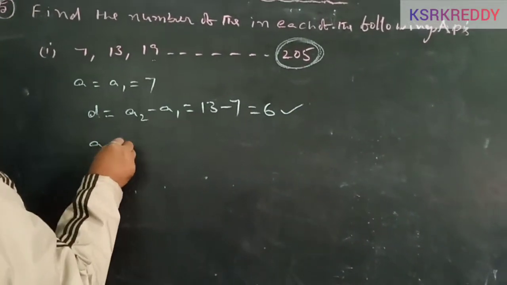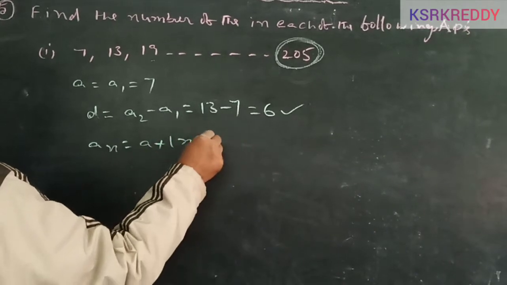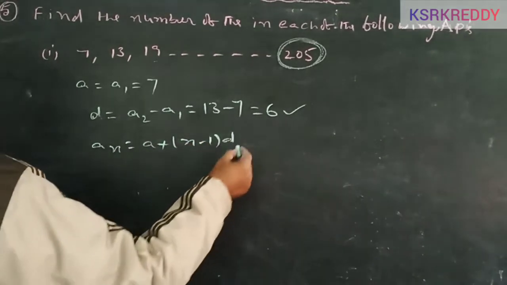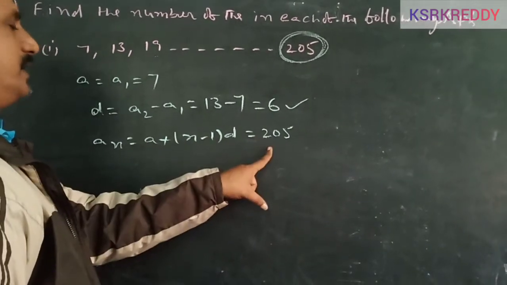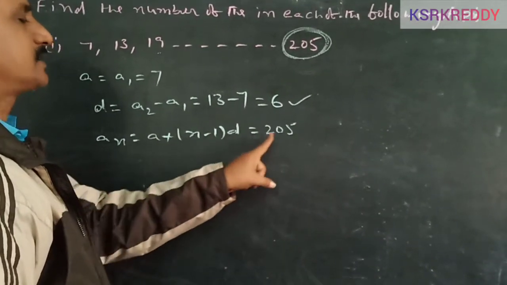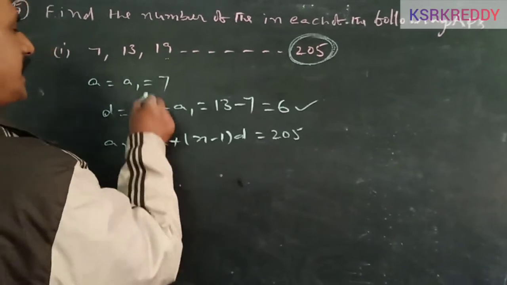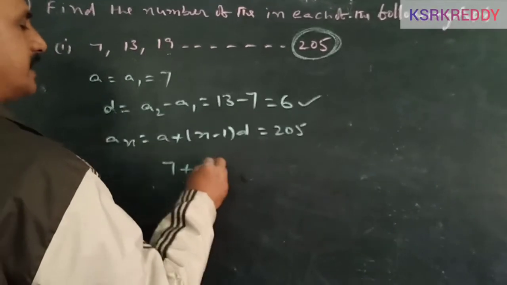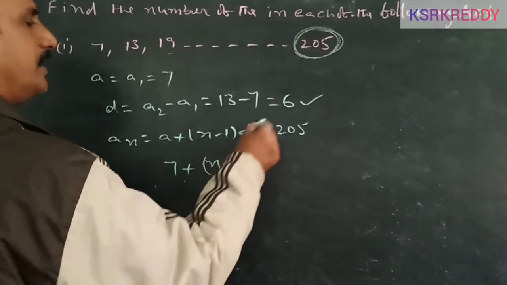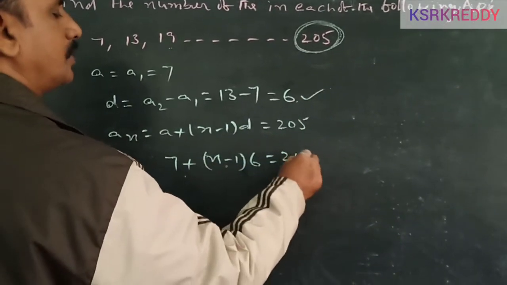So an is equal to a plus (n minus 1) into d, and that is equal to 205. So an is equal to 205. What is the a value? 7 plus (n minus 1) into d, where d is 6, is equal to 205.